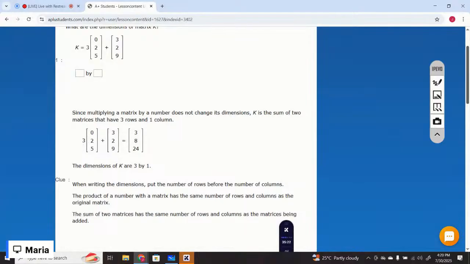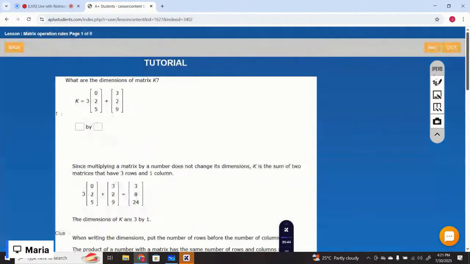Multiplying a matrix by a number does not change its dimension. So K is the sum of two matrices that have 3 rows and 1 column. So the dimensions of matrix K are 3 by 1.